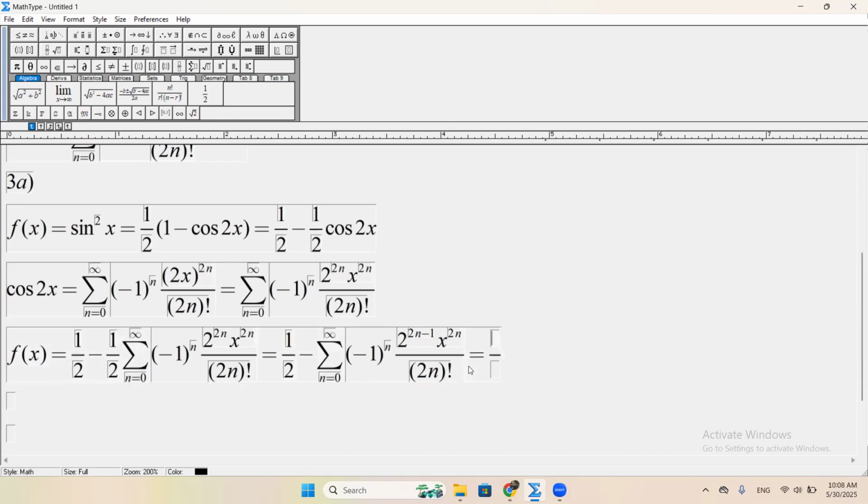I will also do the following: here will be n plus 1.